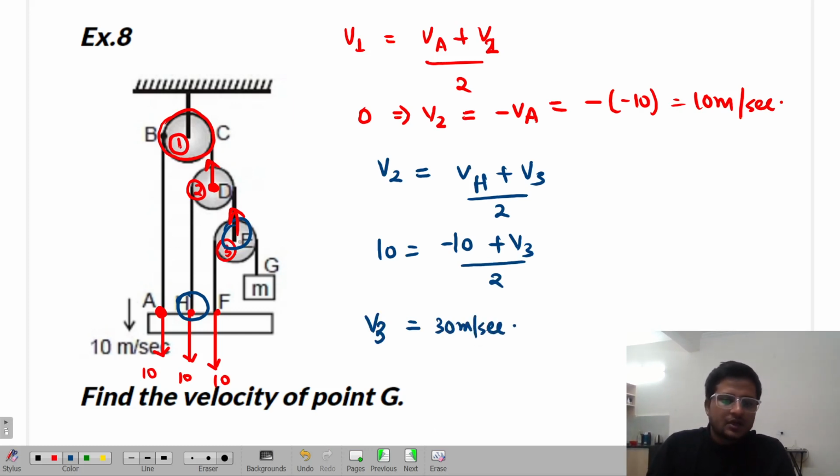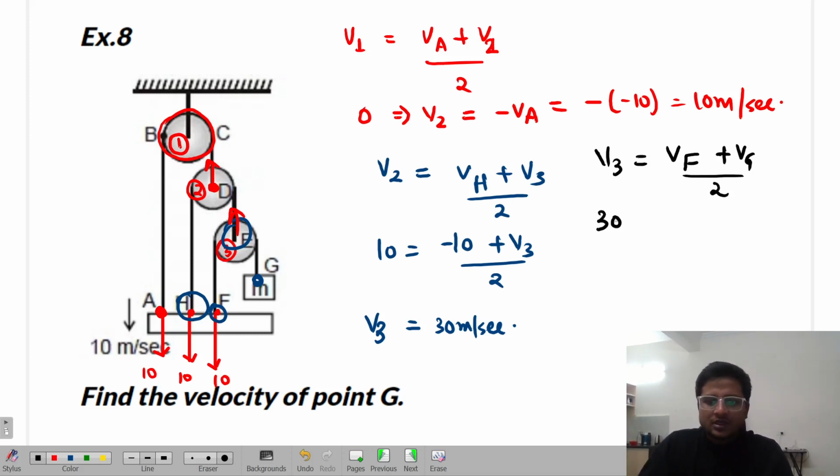Isn't it? Now I can work with V of 3. If I consider V of 3, then I have once again 2 points, this F and G. So V of 3 will provide you the relation for V of F plus V of G divided by how much? 2. V of 3 is how much? 30. V of F is once again minus 10, plus V of G, divided by 2.